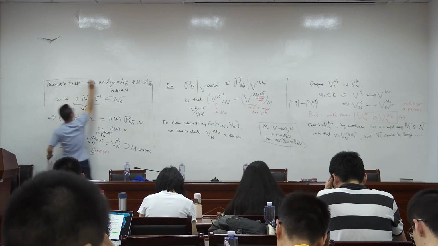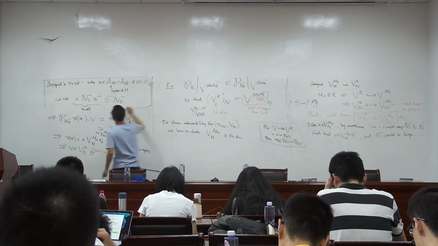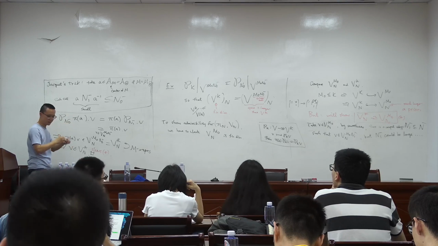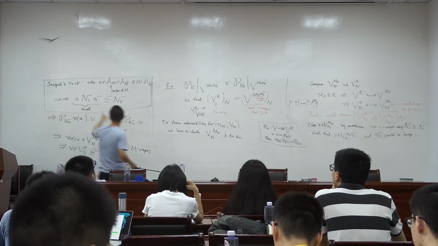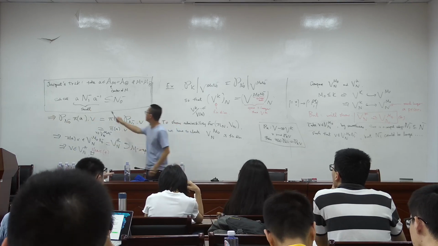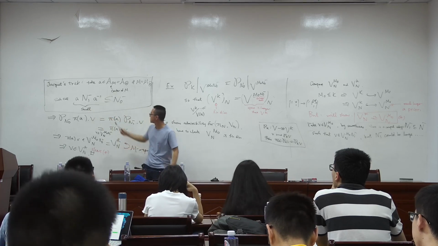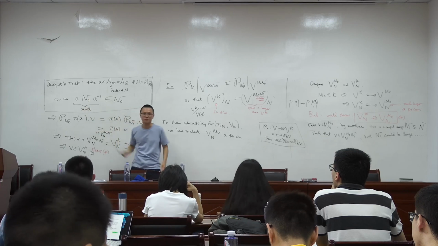So what I want to say is that this trick is very useful. It's like something like epsilon delta, right? You want to control your A so that this large thing goes to something small.